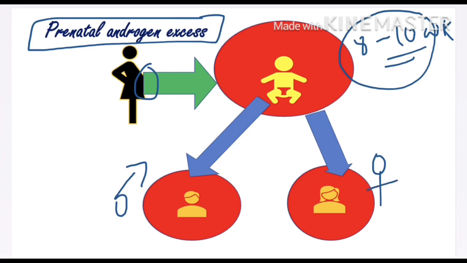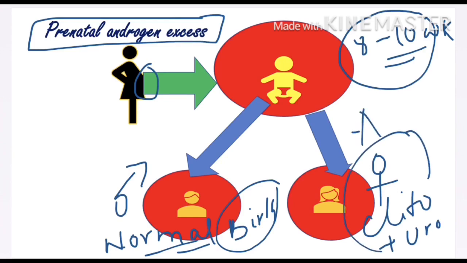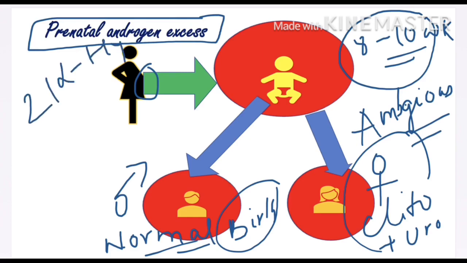If there is androgen excess, the male usually seems normal at birth, while the female presents with clitoromegaly plus urogenital sinus, that is, a female child with ambiguous genitalia. This question is also commonly asked. If a female presents with ambiguous genitalia, we must consider 21 alpha hydroxylase deficiency as one of the common differentials.